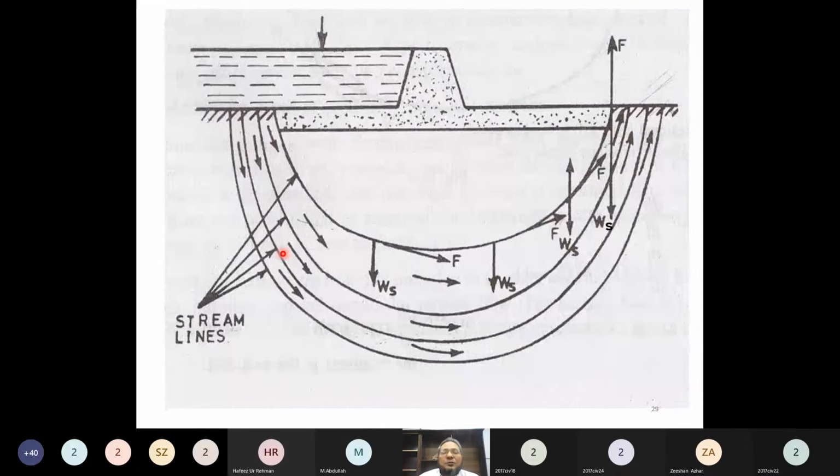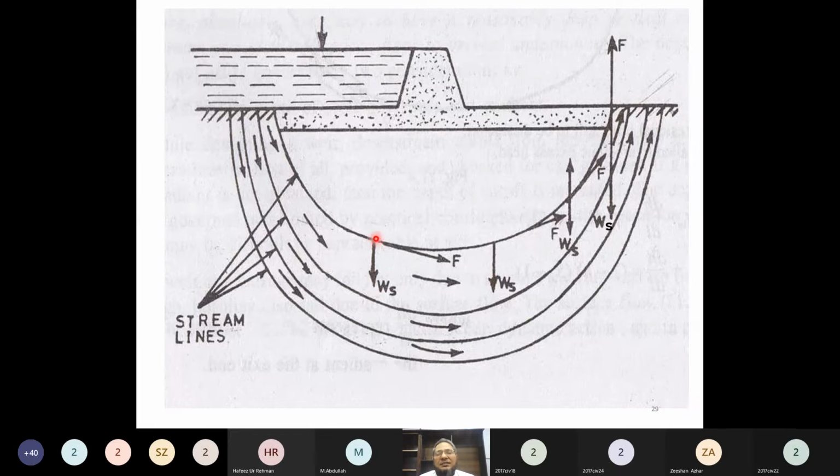And what he wants to explain is that at any point on the streamline, if you draw a tangent, that would be the direction of the seepage force which the underground water applies here. Okay, and what is this one?